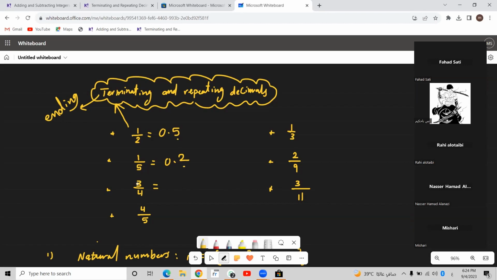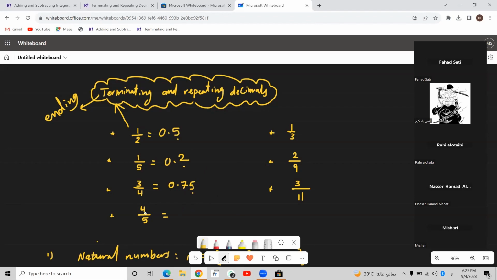Rahi. Yes, teacher. 3 out of 4 as a decimal, Rahi, equals what? It's 0.75. That's good. So does it terminate or repeat? Tell me, it has an end or not? Yes, so it's a terminating decimal.